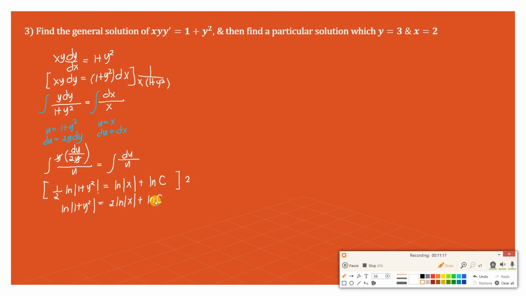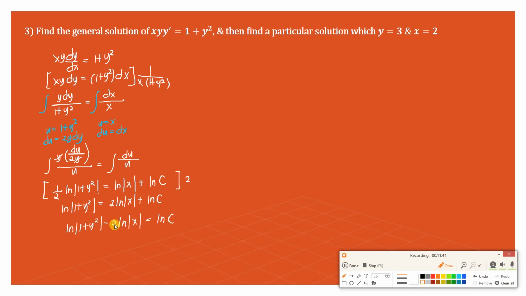Hindi ko na muna kailangan si 2 kahit walang ilagay kasi constant pa rin yan. So, transpose 2 ln of x to the other side. We have ln of 1 plus y squared minus 2 ln absolute value of x equals to ln of c.